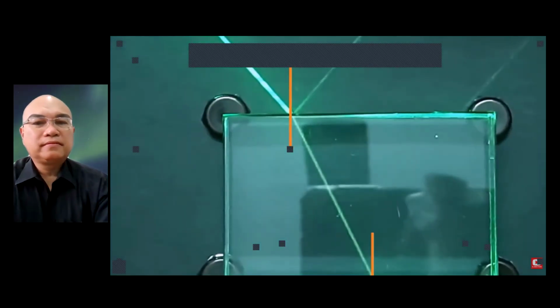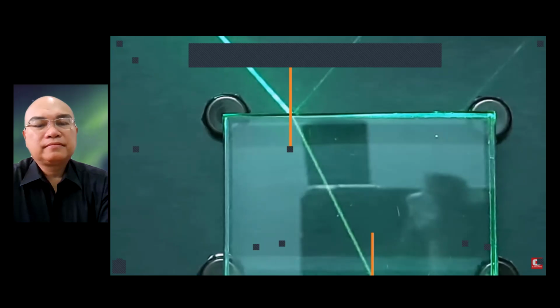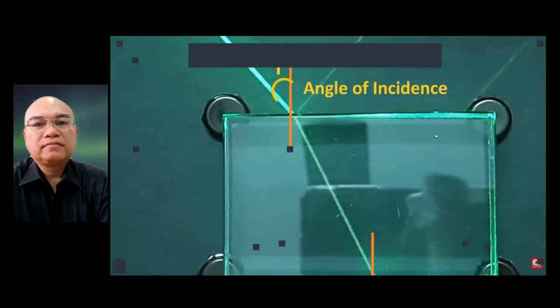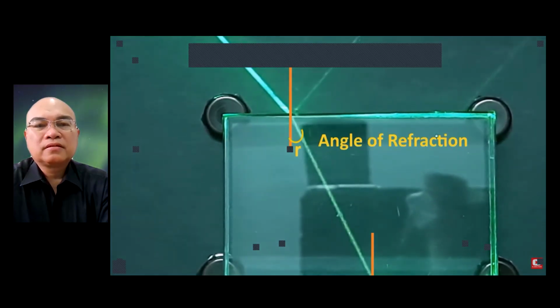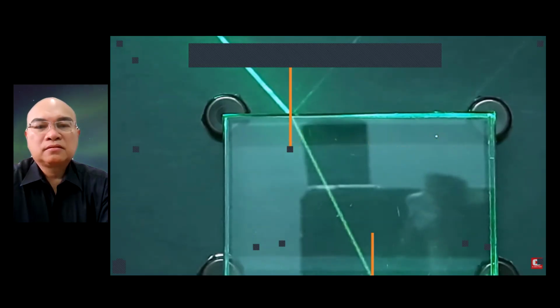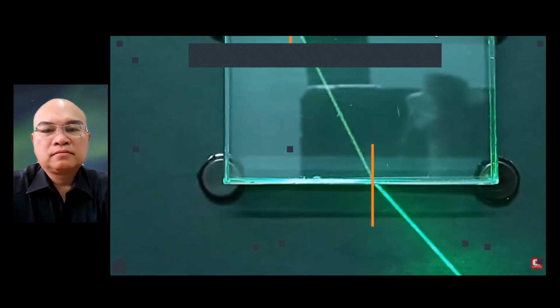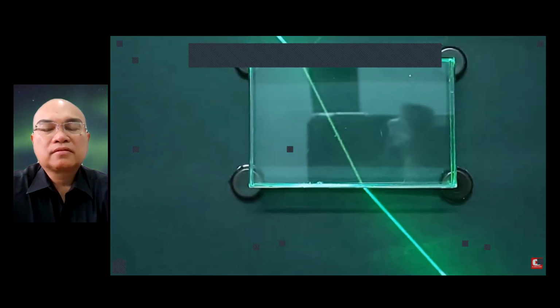The angle between the incident ray and the normal is known as the angle of incidence. Similarly, the angle between the refracted ray and the normal is known as the angle of refraction. And the angle between the emergent ray and the normal is known as the angle of emergence.